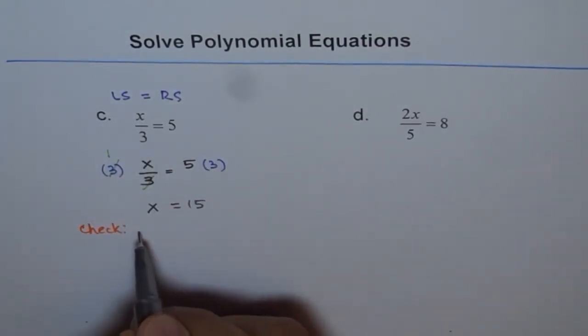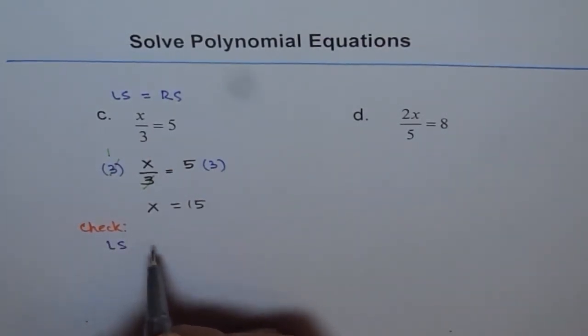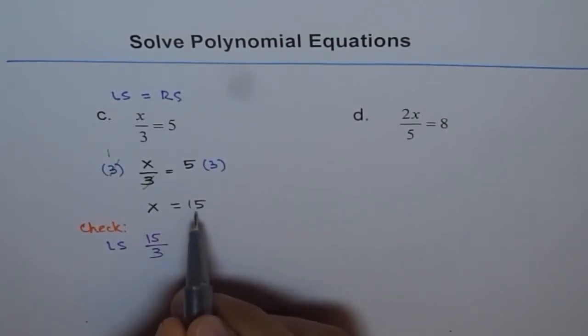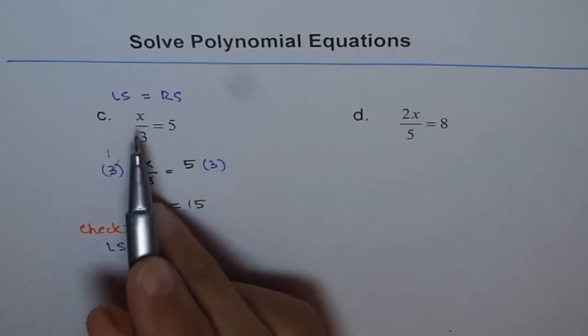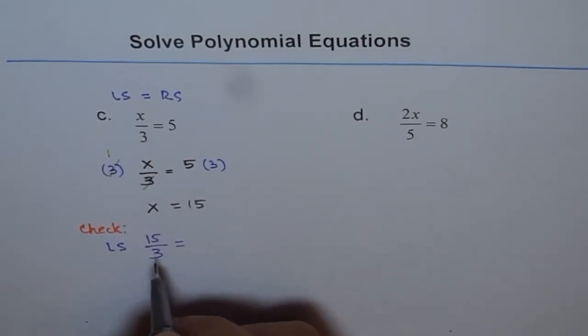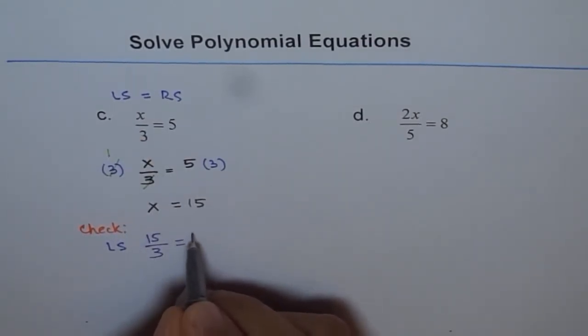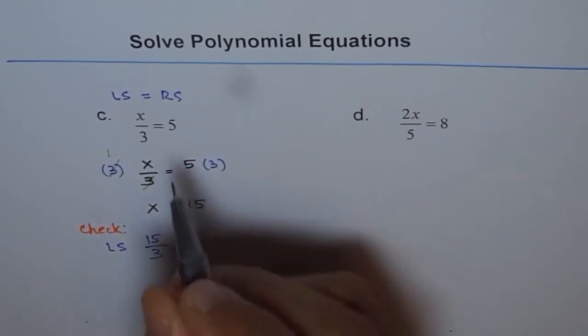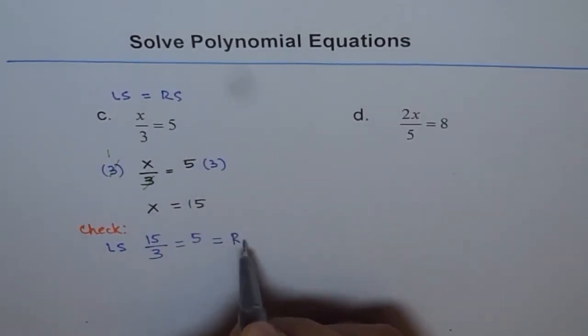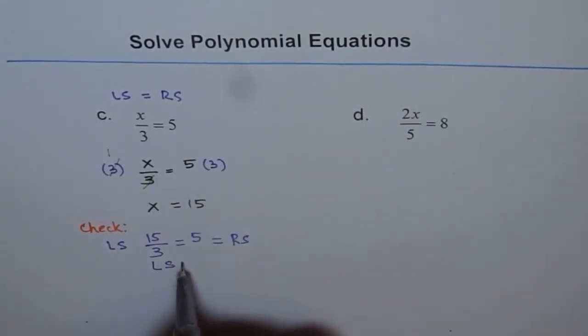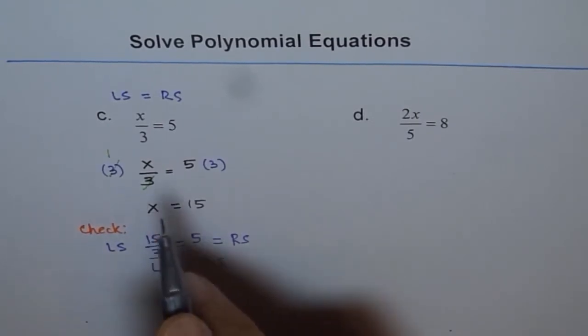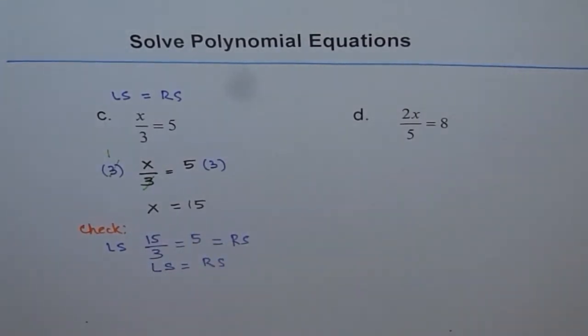On the left side, 15 divided by 3. So what do I get? 15 divided by 3 is 5, which is equal to the right side. Do you see? Now since the left side equals the right side, we have checked that the equation is true for x equals 15. Got it?